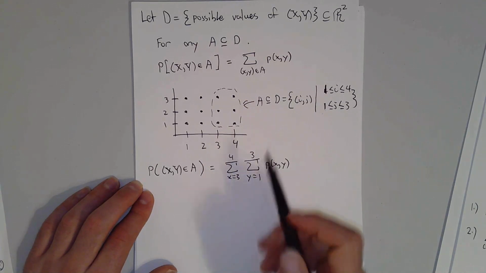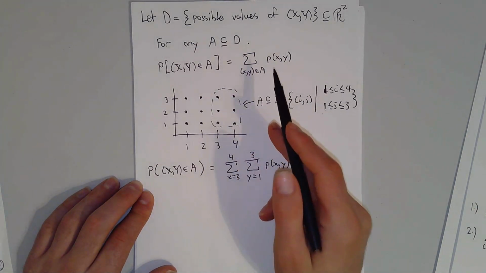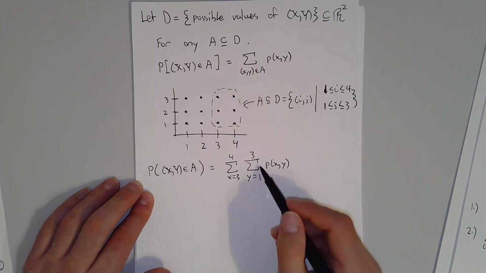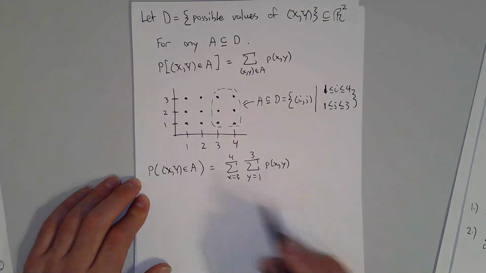So many times, even though this is written as a single sum, such an expression can be expressed in terms of a double sum, which we'll see is computationally beneficial in many places.